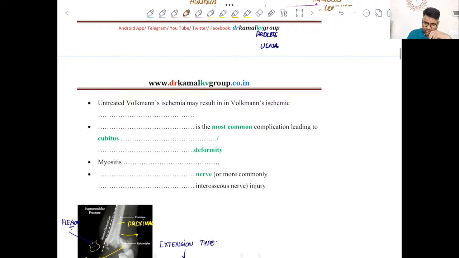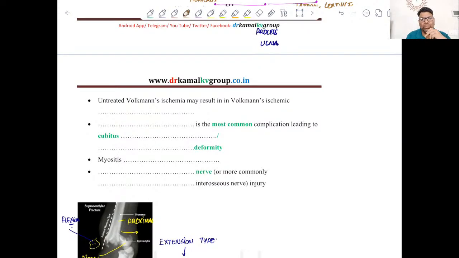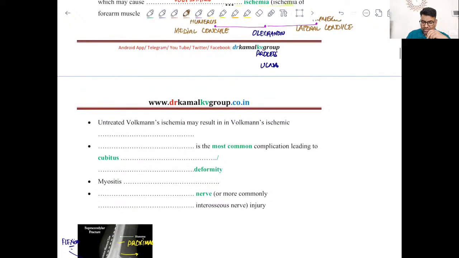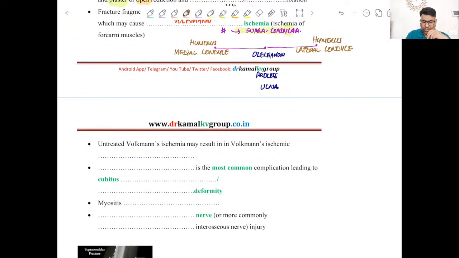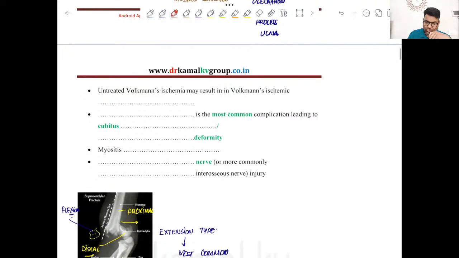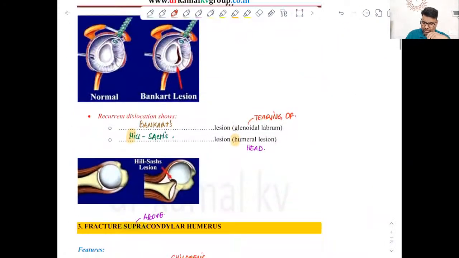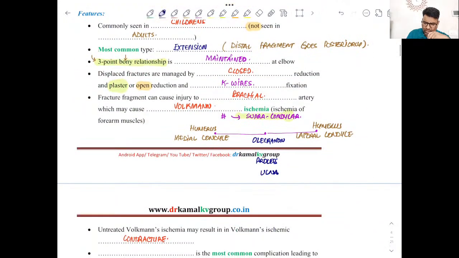And if this Volkmann's ischemia is not addressed timely, and this ischemia continues, later on the muscles will be replaced by fibrous tissues, and that condition is known as Volkmann ischemic contracture. Clear? So this is very important. This Volkmann's ischemia is also discussed under compartment syndrome.